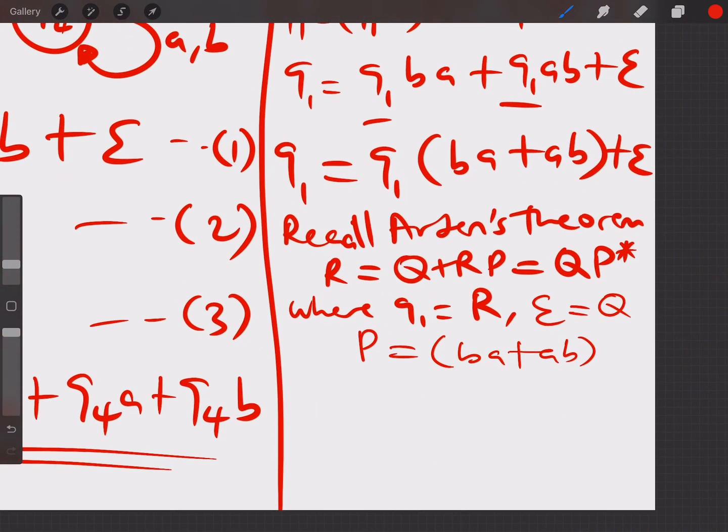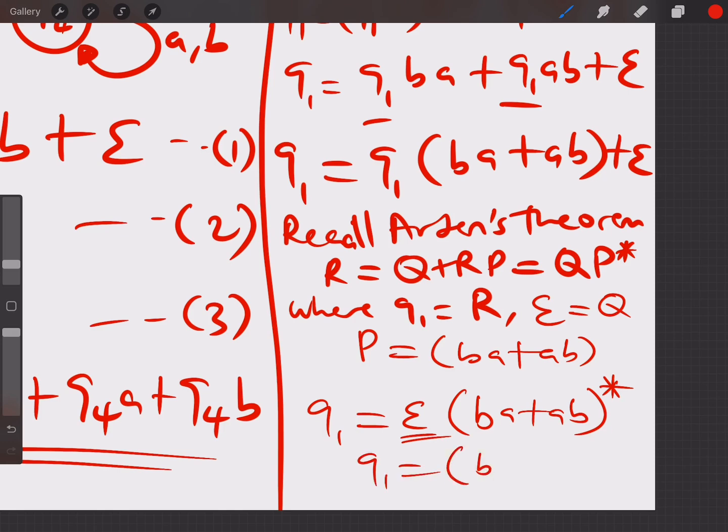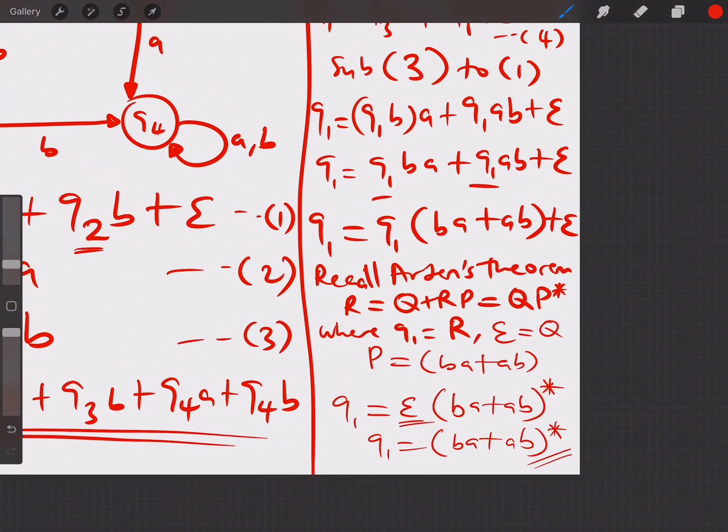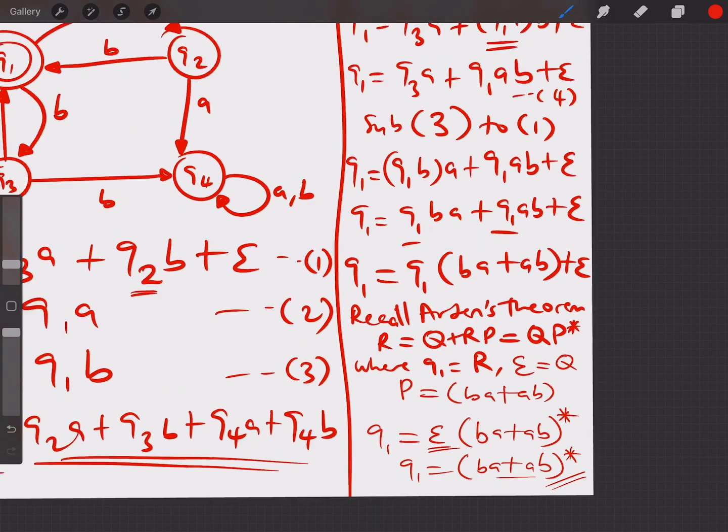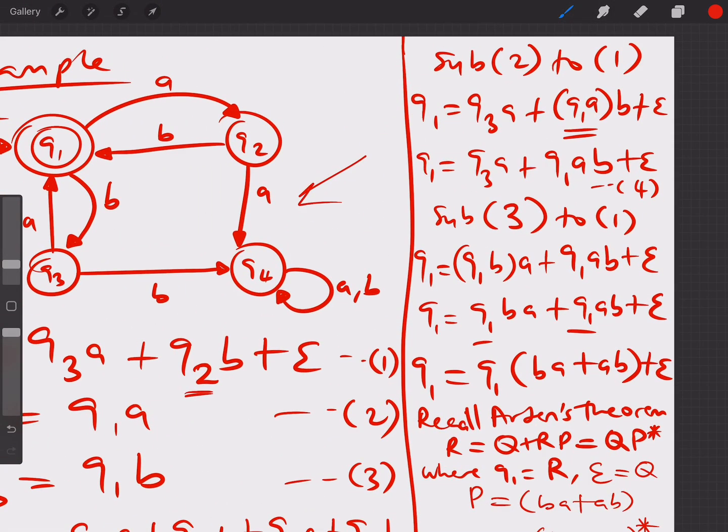What we have then is Q1 is equal to the empty, then BA plus AB star. Now the empty doesn't mean anything, so we can also have BA plus AB star. That's all. This is the regular expression for the DFA, this guy.